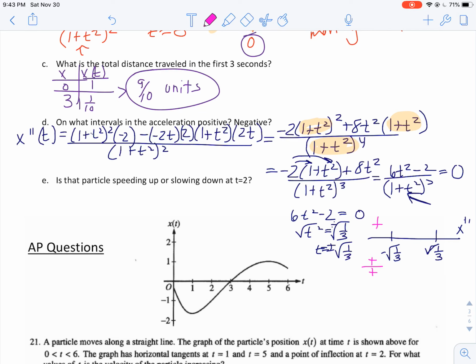That would give you a positive value. Here, I probably would think about what happens with 0 on this one. So if you plug in 0, you're going to have -2 in your numerator. So you're going to have a negative, and again, the denominator is going to be positive. That's going to give you a negative. And then think about a large number. Numerator is going to be positive, denominator is going to be positive. That's going to give you a positive right there. So that tells you that your acceleration is positive.